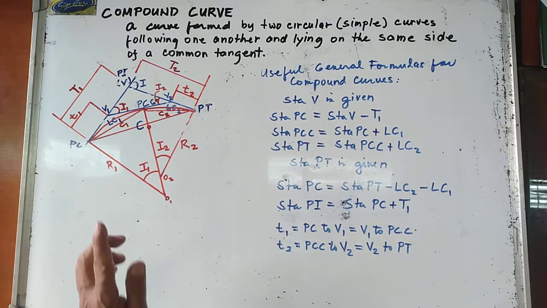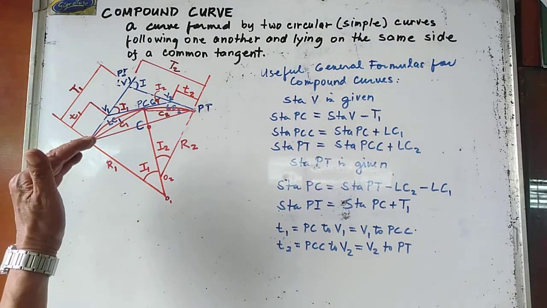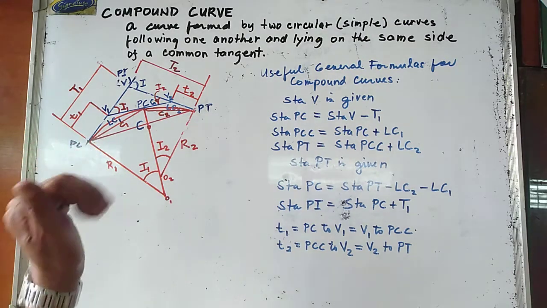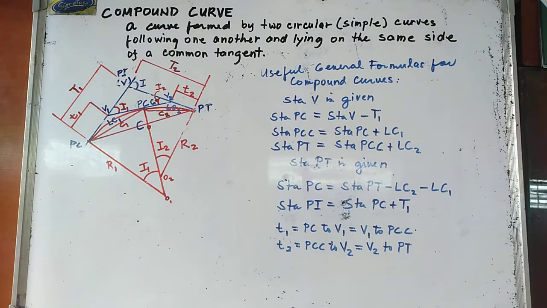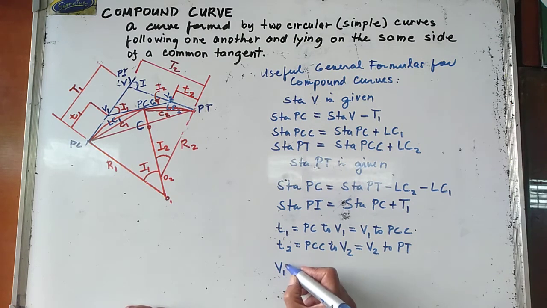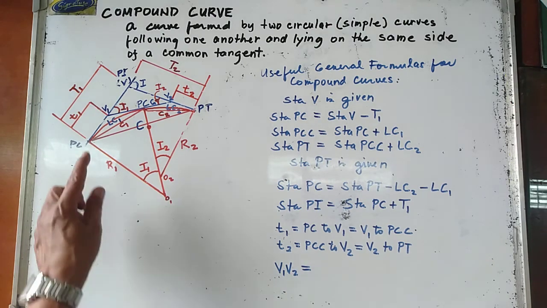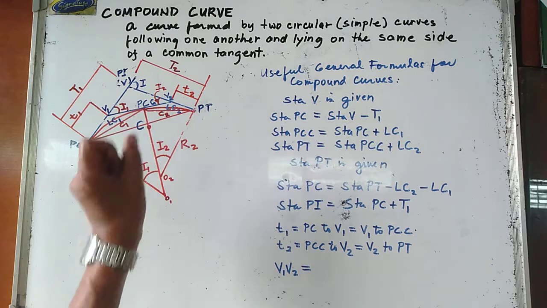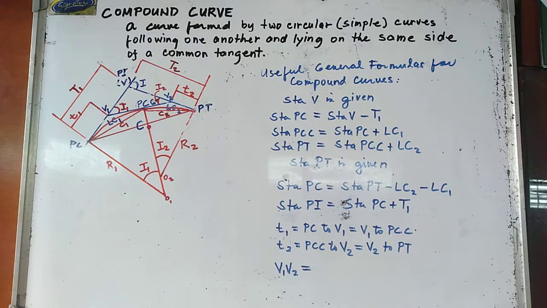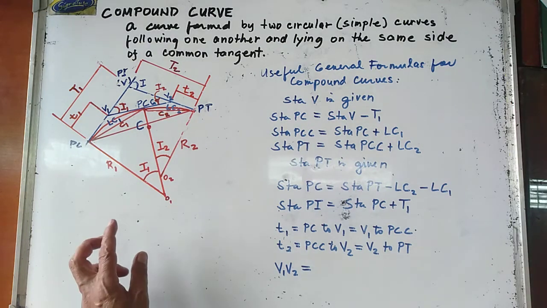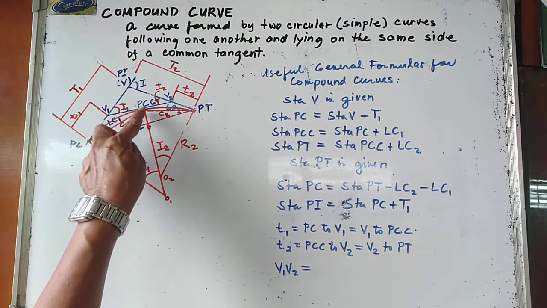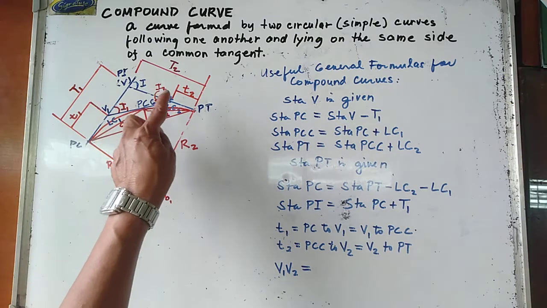So in other words, to determine the length of the common tangent V1V2, it is V1 to PCC plus PCC to V2.